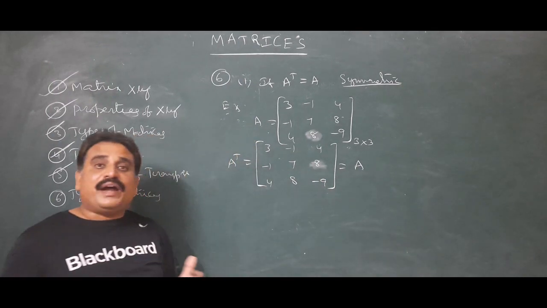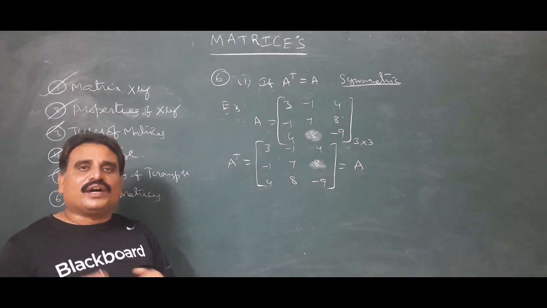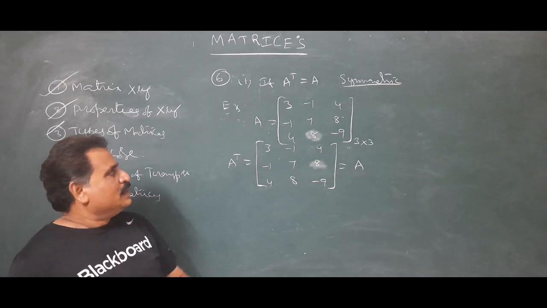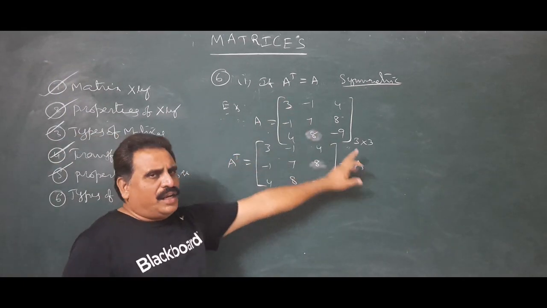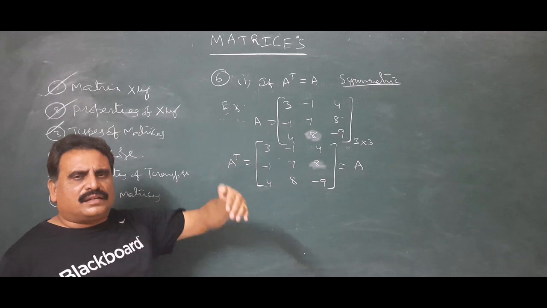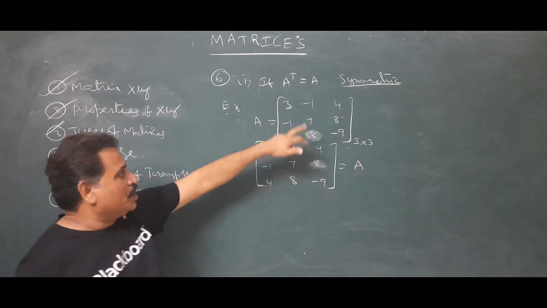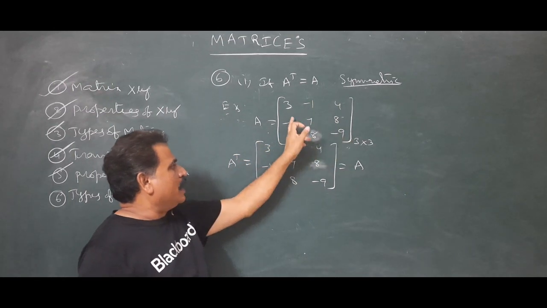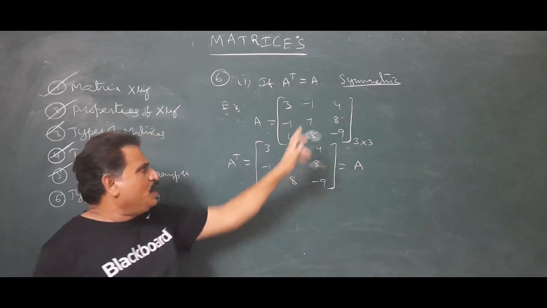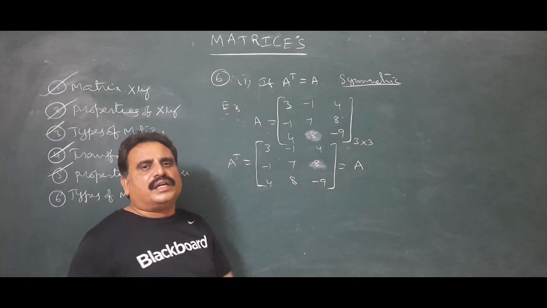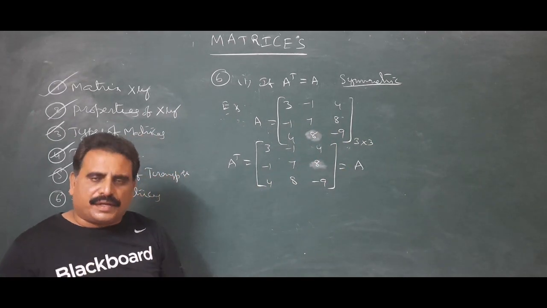You can also construct a symmetric matrix. How to construct? Look here. Diagonal elements you can take as anything, but the elements above the diagonal are the same as the elements below. You check that: minus 1 4 8, minus 1 4 8. If these three elements are the same, then that is a symmetric matrix.